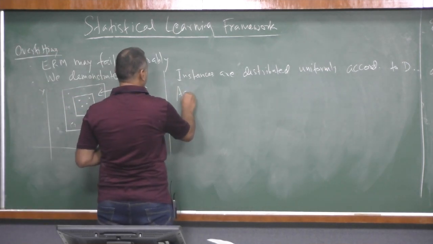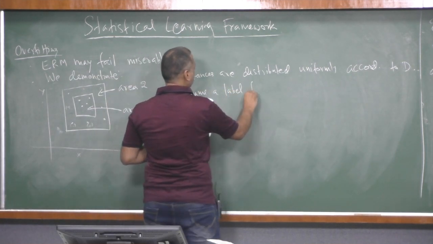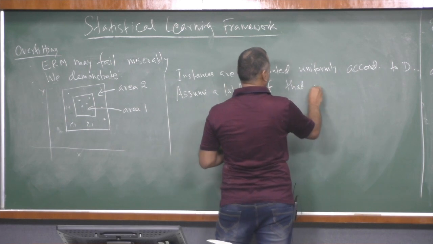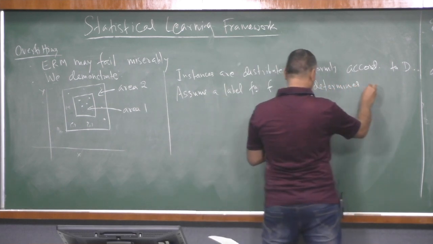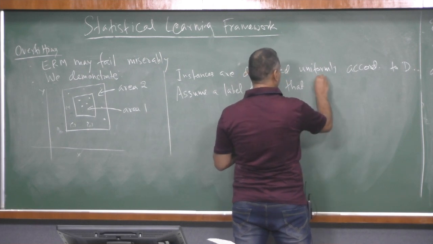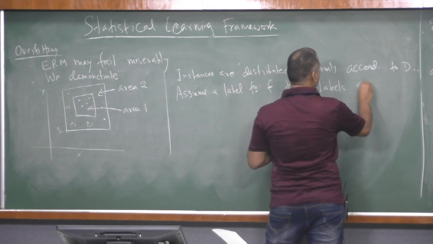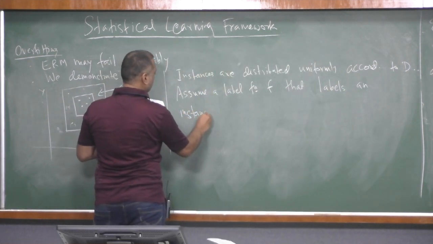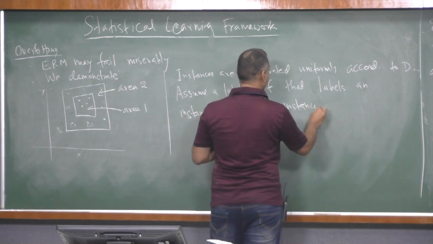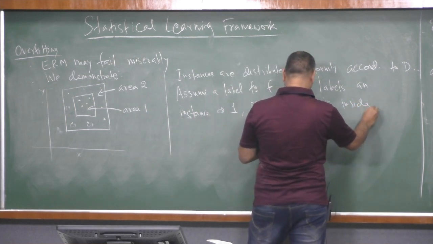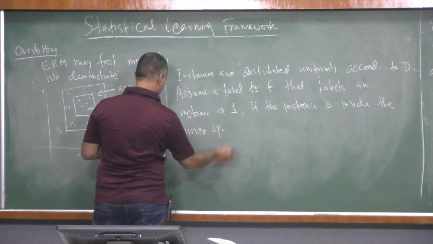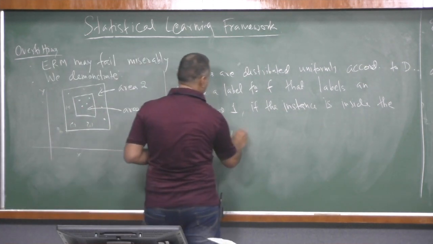So assume a label function f that labels an instance as 1 if the instance is inside the square, inside the inner square, or 0 otherwise.